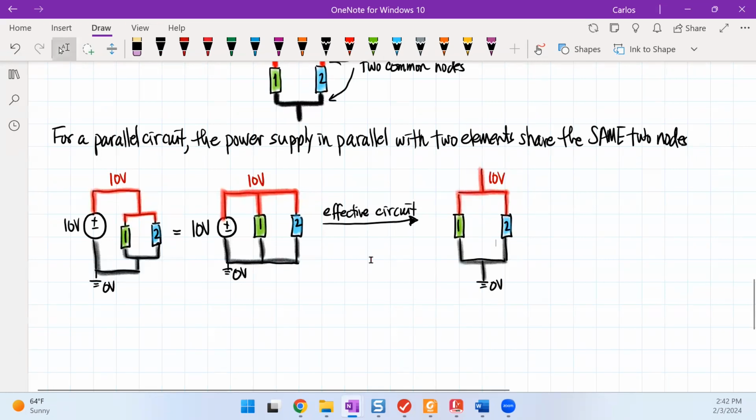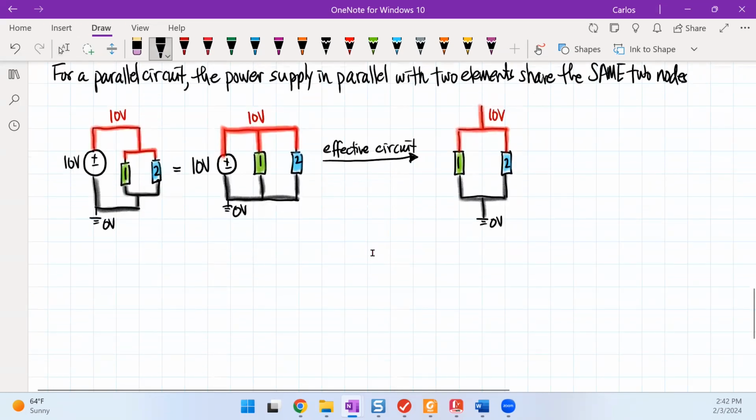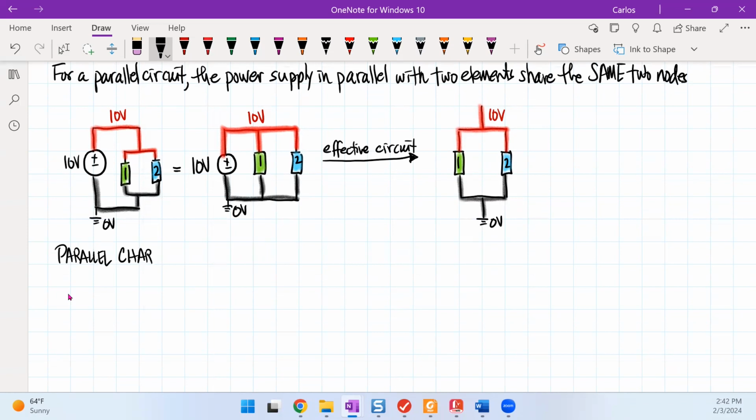We have no choice in the matter. So if I start to go in and I look at the parallel characteristics, then we have the following thing.